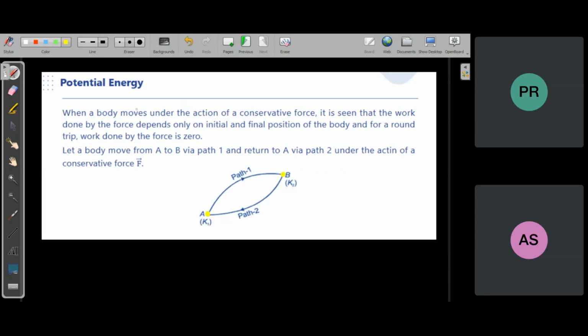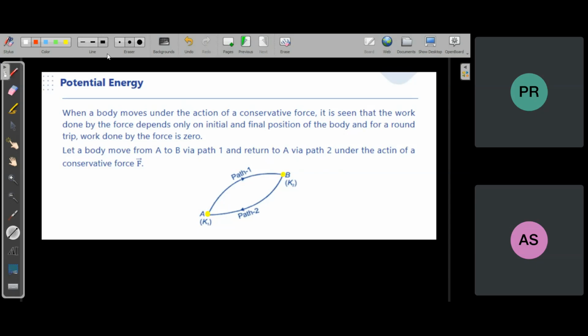Now, once you understood potential energy and conservative and non-conservative forces, you can say that if the work depends on path, it is non-conservative, and if it is not dependent on path, then it is conservative.